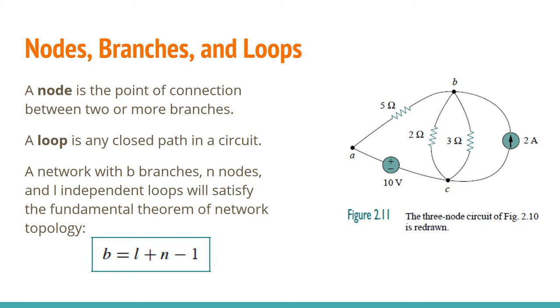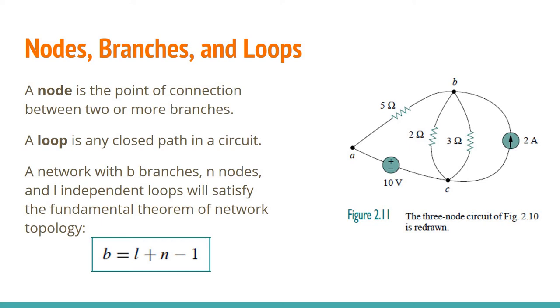Kung makita natin diri sa figure 2.11, kaning the 3-node circuit of figure 2.10 is drawn. Okay. Na ay node diri nga kaning sa letter B. Node B. Makita nato nga naay point of connection ang 5 ohms, ang 2 ohms, 3 ohms, ug kaning current source nga 2 ampere.